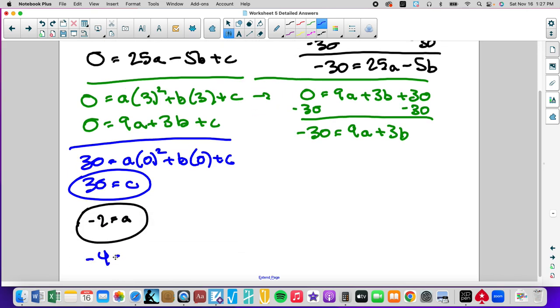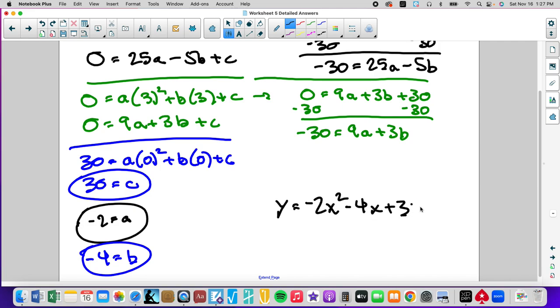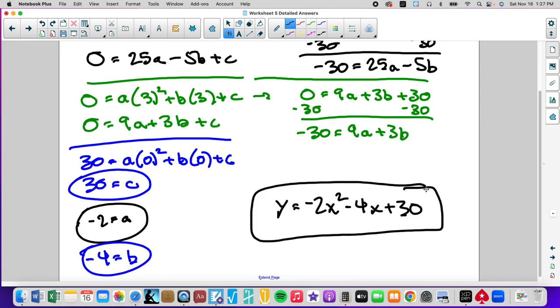So my equation is going to be y equals negative 2x squared minus 4x plus 30. And let's make sure that that is correct.